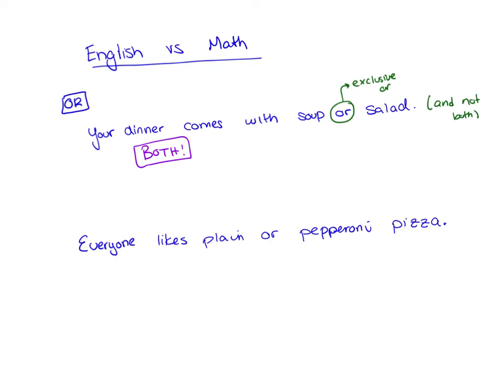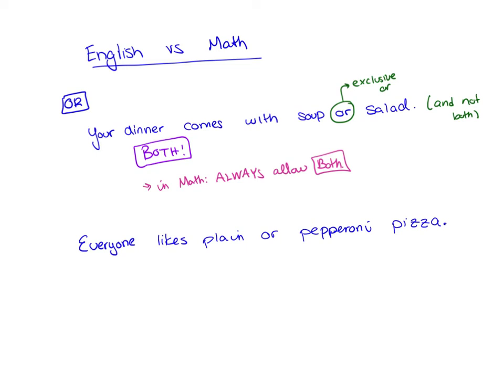In math, we always allow both. So we just have to be a little bit careful about that. If you ever say or in math, then in the case where both things are true, that statement is still true. So if someone says, every person eats soup or salad for dinner, and you had both soup and salad, you wouldn't be breaking that statement. You wouldn't be negating that or being a counterexample to that.